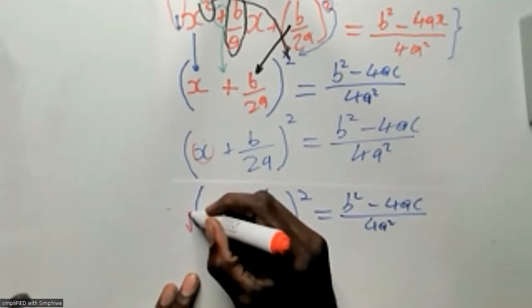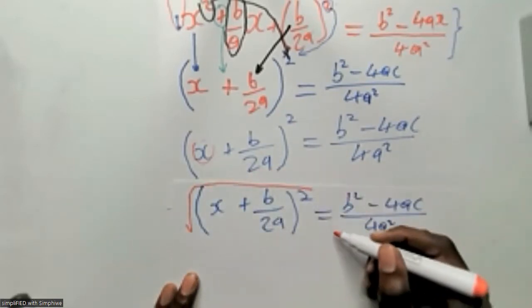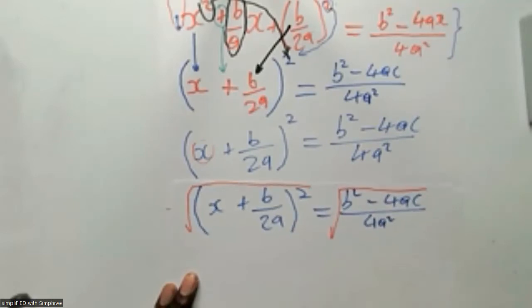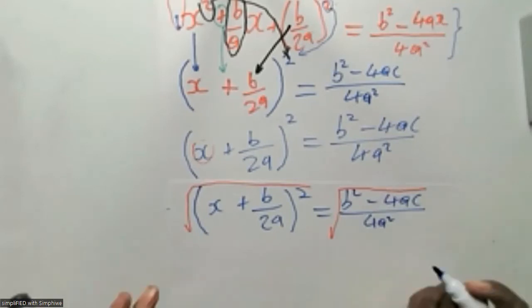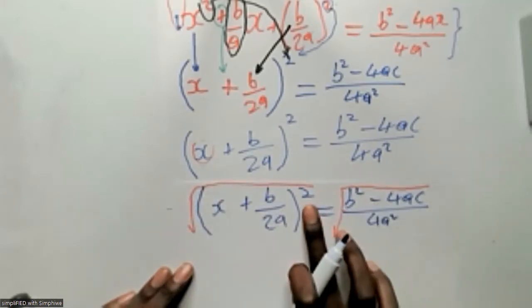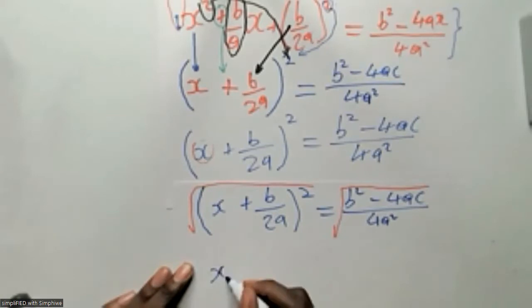To remove the square, we can just put the square root on both sides. What you do on the left hand side, you also do on the right hand side. I know everyone always waits for that part. That's what everyone knows in mathematics. So the square root of this is going to remove the square, and then we're just going to have what is inside the way it is.